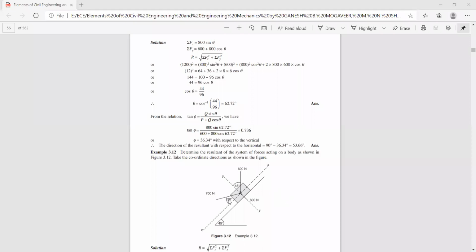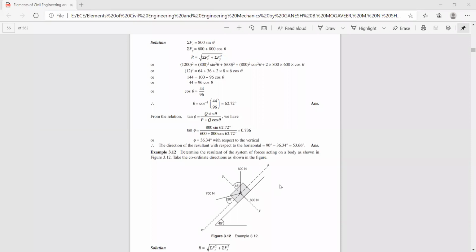So sigma F of x is equal to 700 cos 30 in the positive direction, because in the fourth quadrant sigma F of x is positive and sigma F of y is negative, whereas in the third quadrant sigma F of x is negative and sigma F of y is also negative.